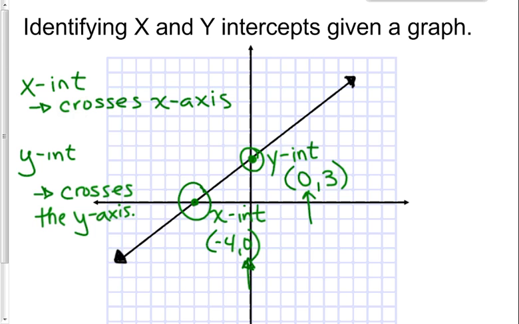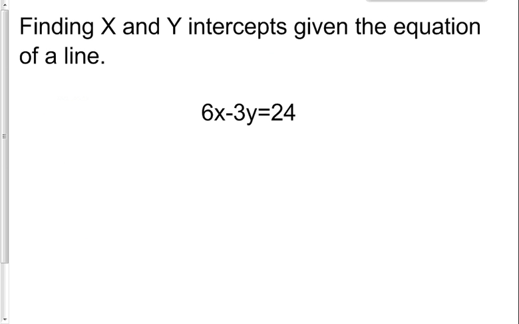So let's use that to find the X and Y intercepts given the equation of a line. So here we have 6x minus 3y equals 24. If I want to find the X-intercept, I know that I'm looking for an X value, which means the Y value is equal to 0.